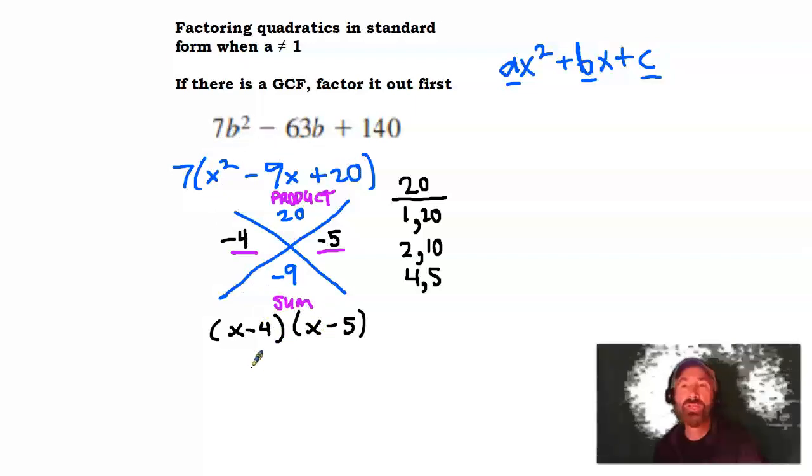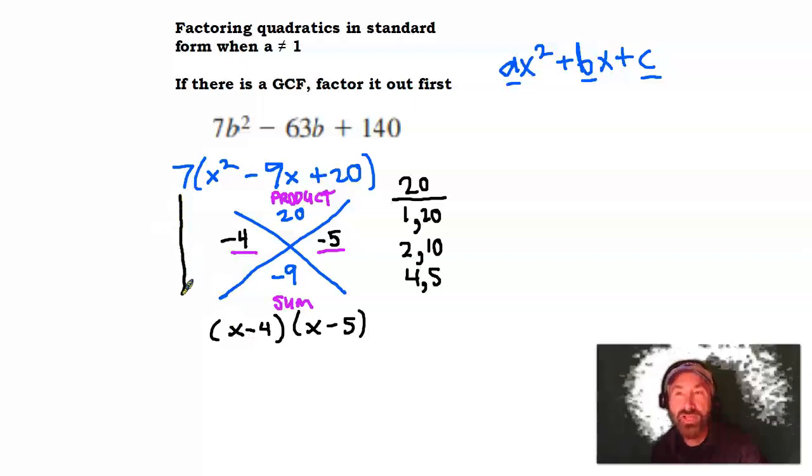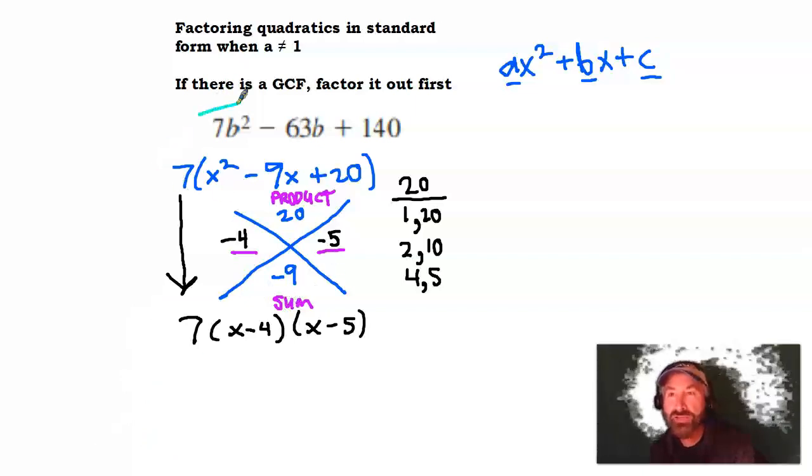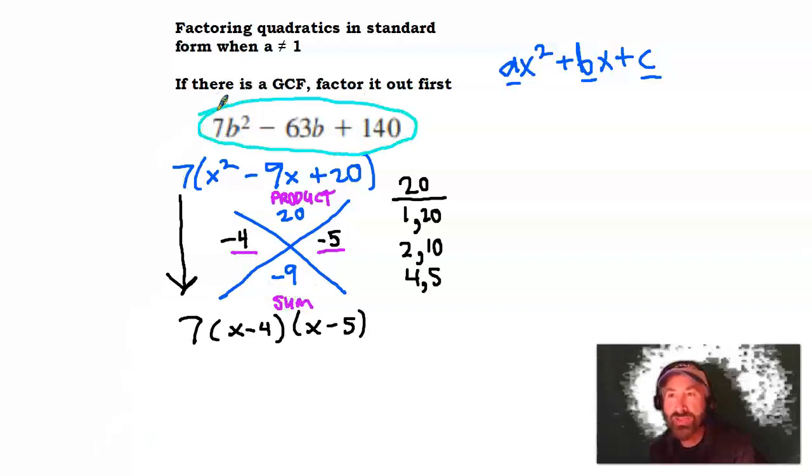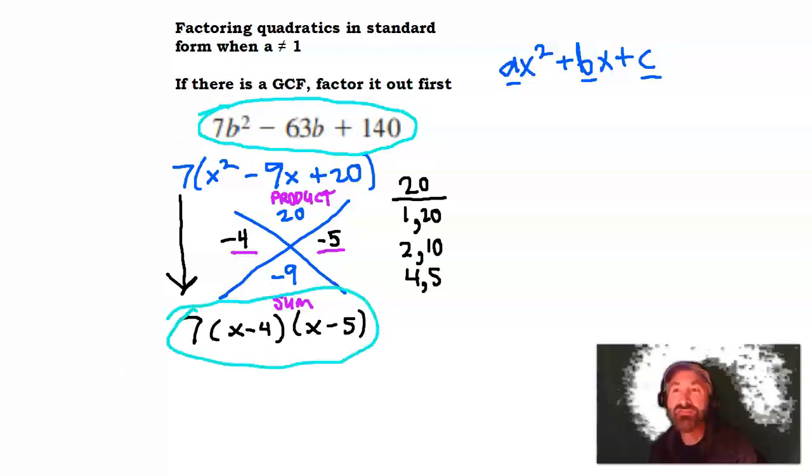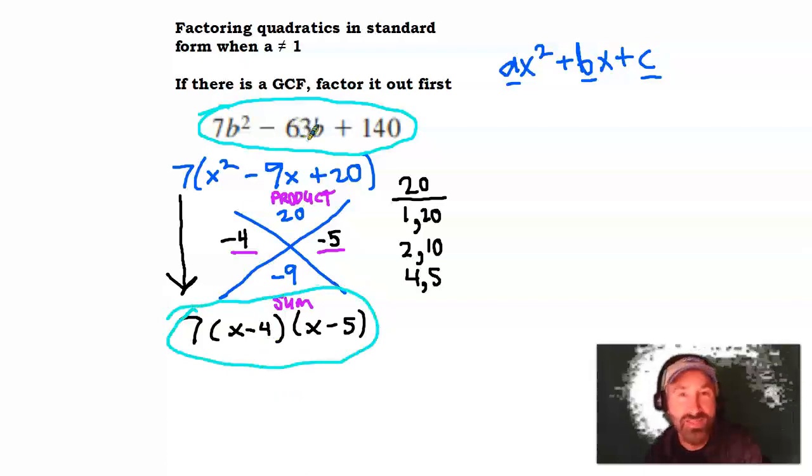And the only thing is, don't forget, we still have to multiply everything times 7 in order to make this down here a direct substitution for this. So I'm just going to circle those just to make sure we're real clear. If I'm trying to find a new way to write this, then I need the 7 in there. The 7 is part of my new way of writing this.